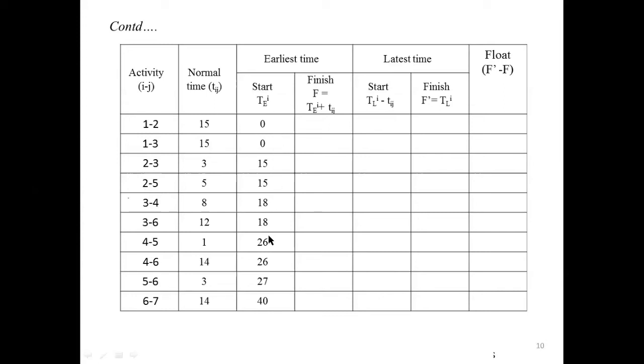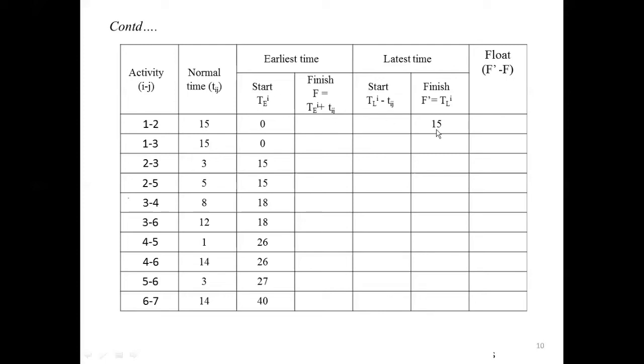Then next, after filling this, you have to fill the finish time, that is the latest finish time, which is 15 for the activity 1-2. If you consider the activity 1-2, the ending node is 2, corresponding to node 2 in the network diagram.